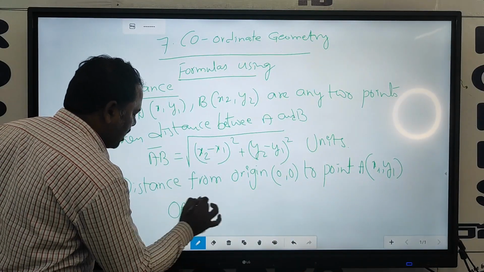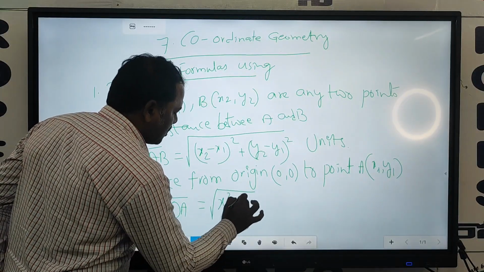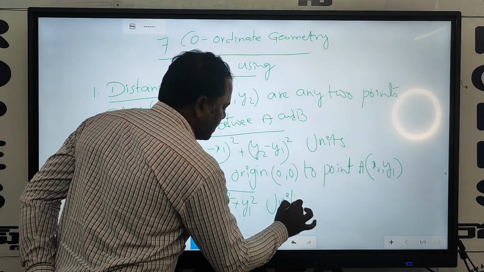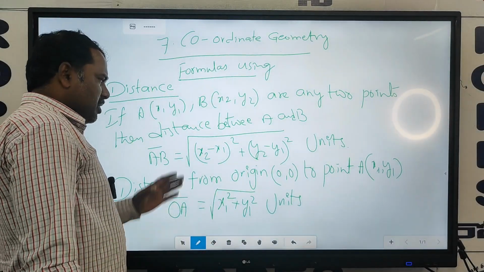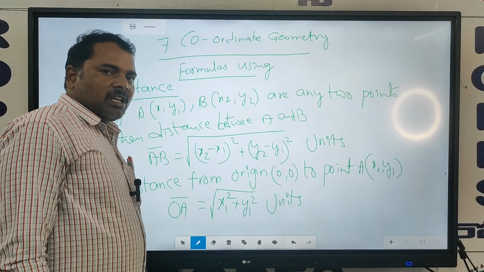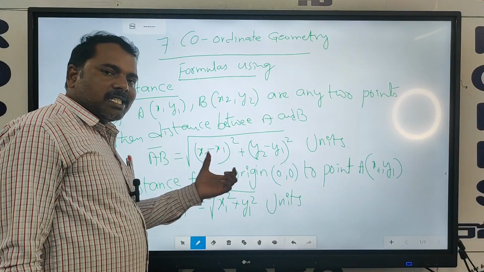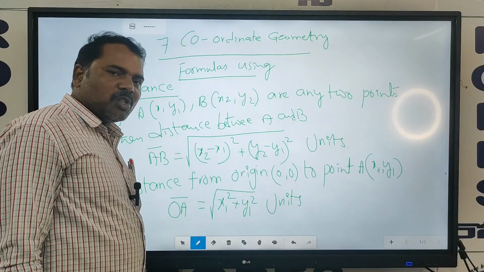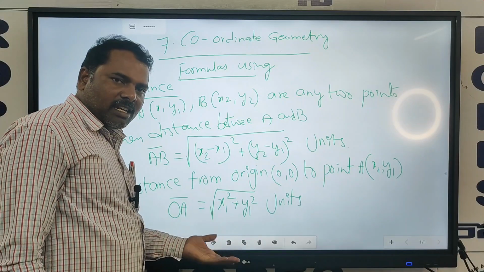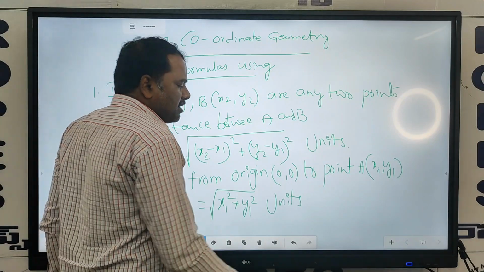So OA bar is equal to root of x1 square plus y1 square units. Based on this distance formula, in the public examination we are going to face one problem. They will give the distance as some units, then ask to find x or find y. So this is the importance of the distance formula.